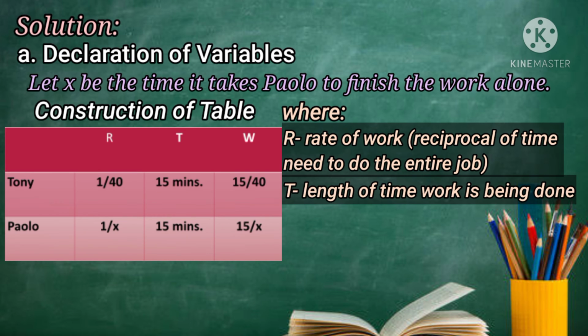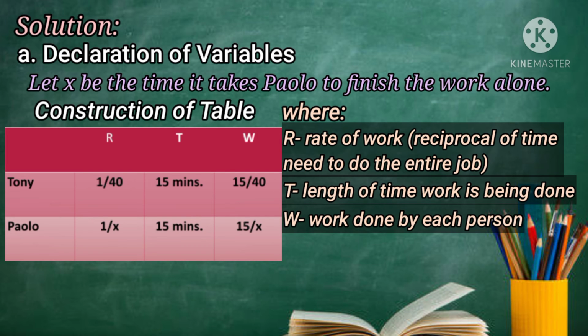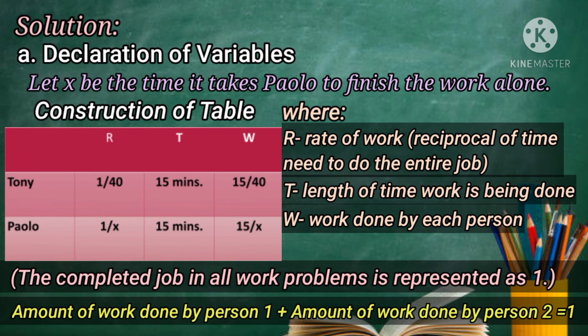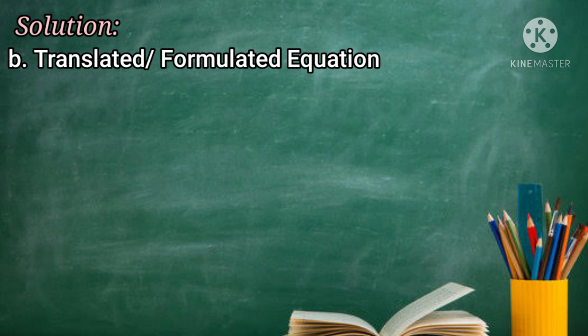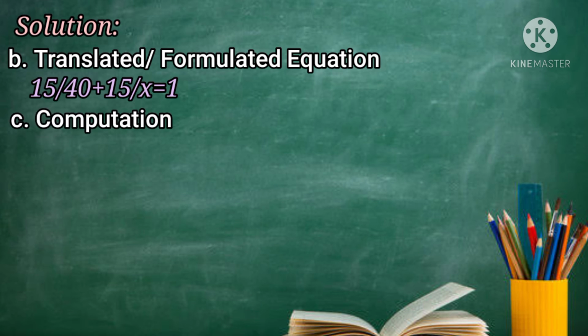T, which means the length of time work being done. And W, which means the work being done by each. The completed job in all work problems is represented as 1. Thus, based on the table, our equation is 15 over 40 plus 15 over x equals 1. And now, we're going to find for the value of x.